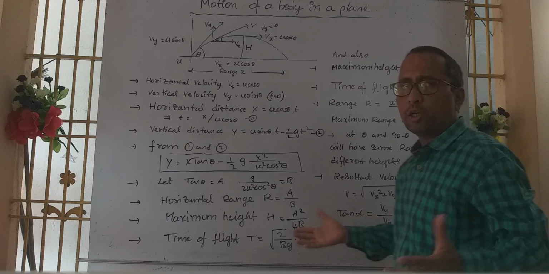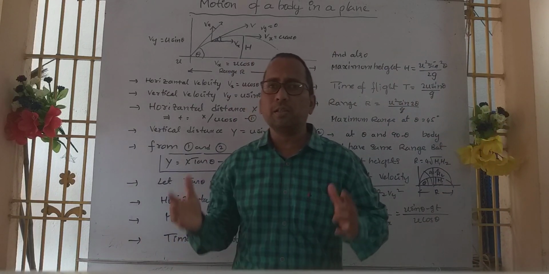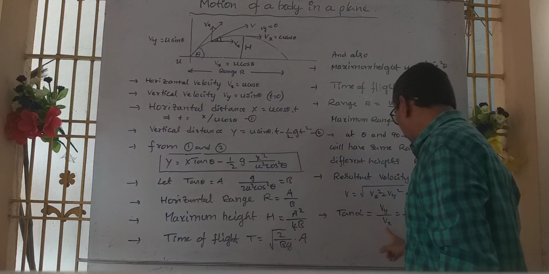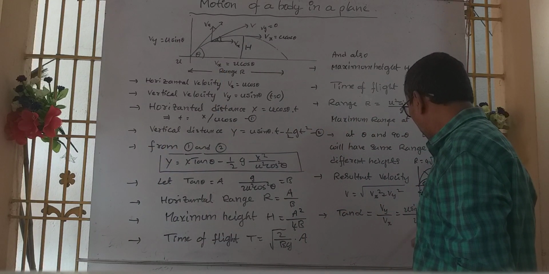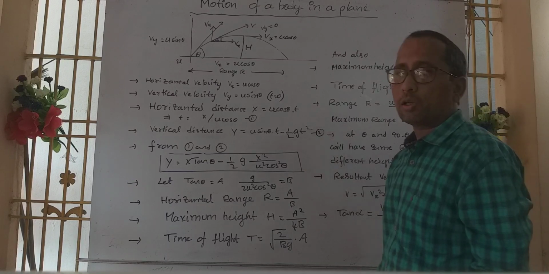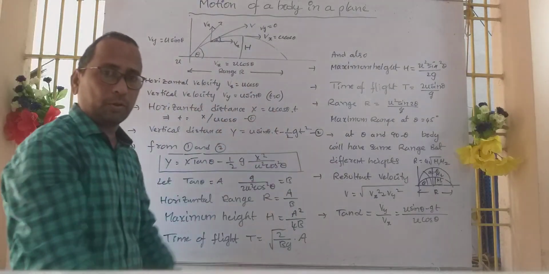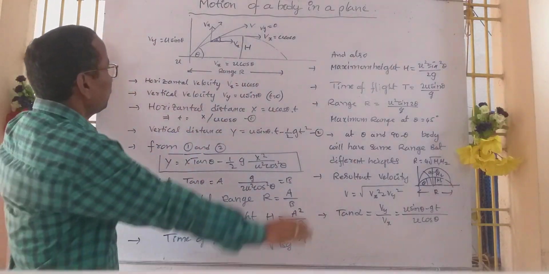Vy by Vx, as we know in mathematics, tan theta is equal to vertical value by horizontal value. That is Vy by Vx, u sin theta minus gt by u cos theta. This is the concept. Once again, I will tell.